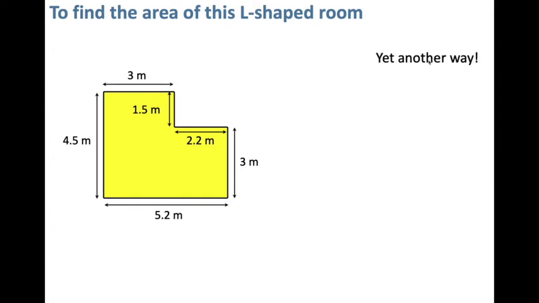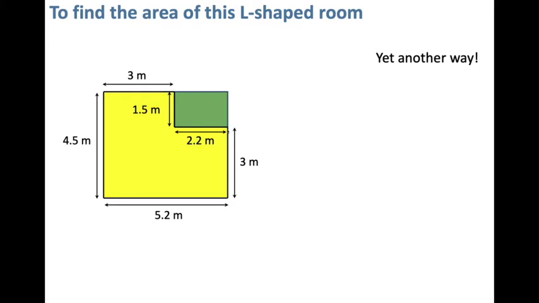There is yet another way. We've just seen one where you cut this one and calculate this area and that area, and then you cut it here and calculate that area and this area. This one, you can actually extend this one and know that this is the one that you don't need. But to make it easier for calculations, extend it like that.